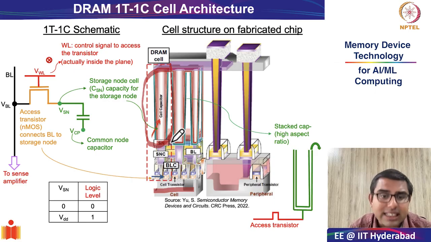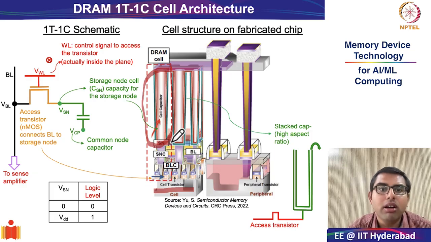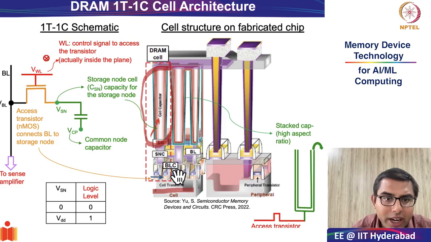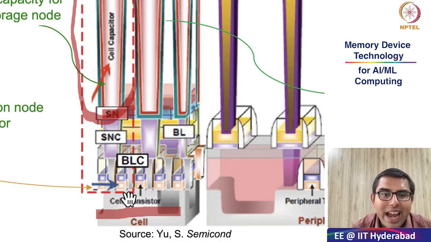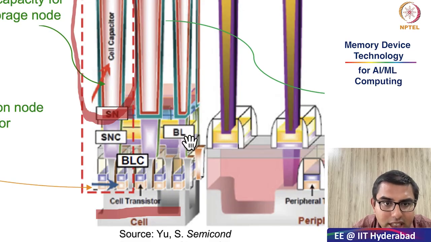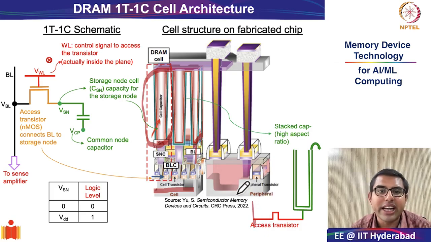The next important thing to notice here is the position of the bit line and the word line. The bit line will be connected to one of the ends. If you zoom into this image, you will see that this is the cell transistor, and one end of the cell transistor is connected to the bit line, as indicated over here.